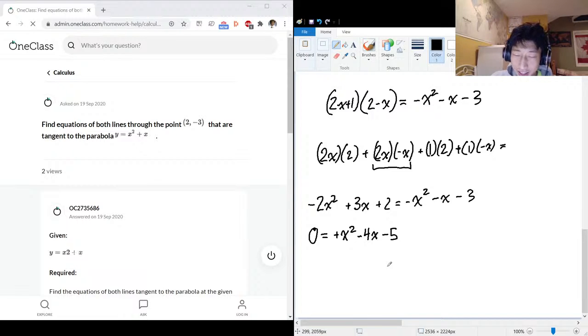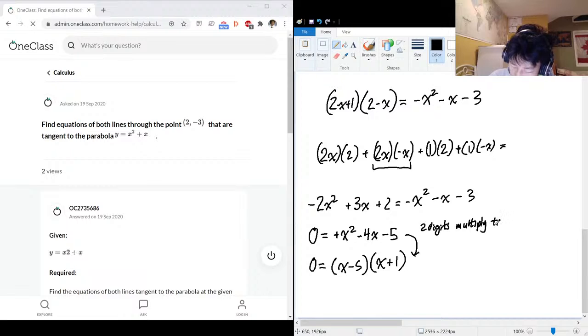Actually, no, never mind. Okay, I'll write out what I'm trying to say here. So we have x minus 5, and then x plus 1. That's what I mean that we can get this. So essentially to get here, we need to find 2 digits that multiply to get -5 and add up to -4.